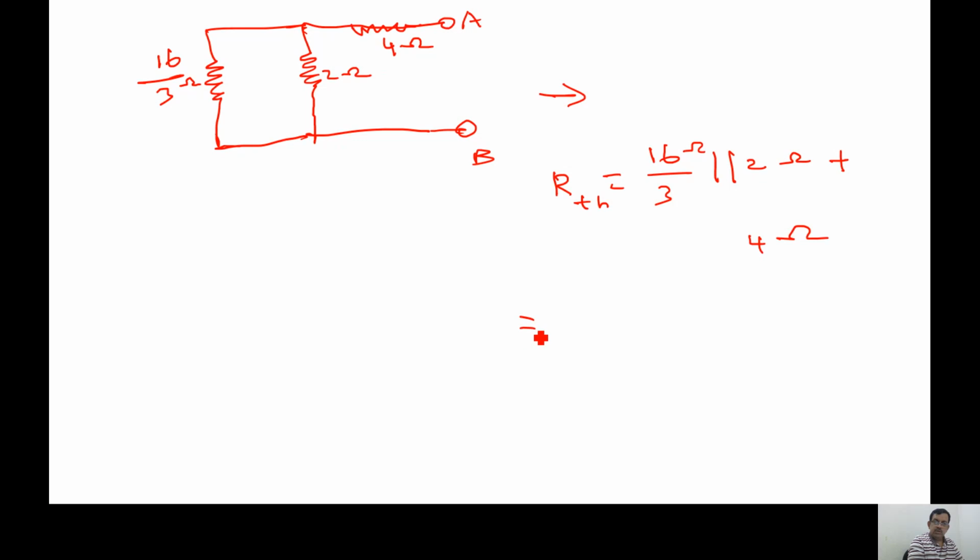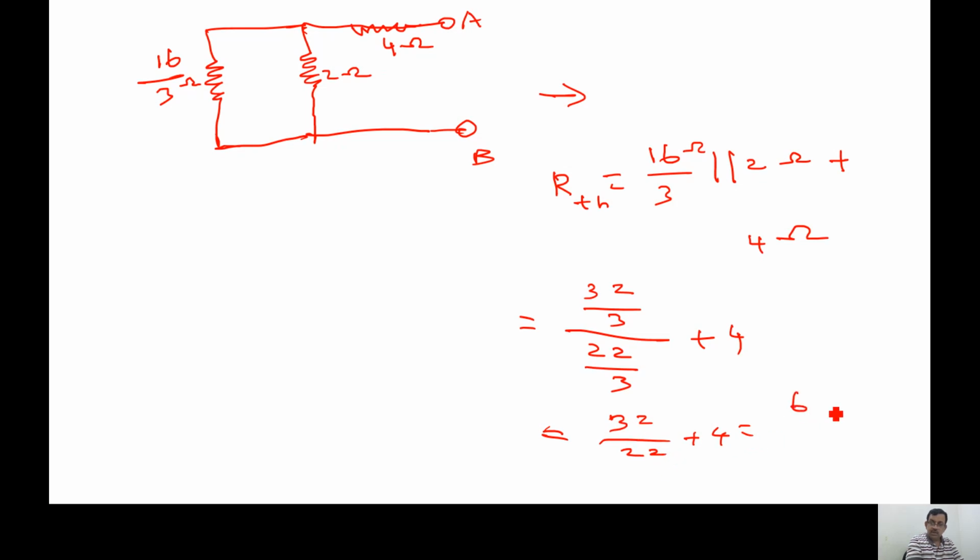That is 32 by 3 divided by 22 by 3, plus 4, which is 32 by 22 plus 4, giving 60 by 11 ohms. So this is my RTH.